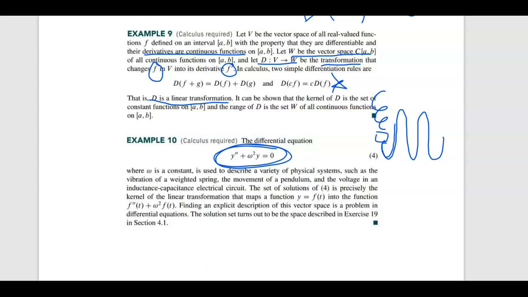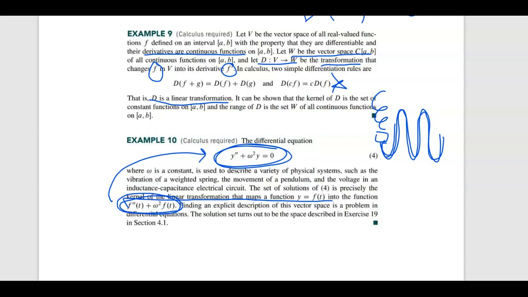So the set of solutions is the kernel of the linear transformation that maps f into this space. If we need that to equal 0, then our kernel in this case is the sine and cosine combination that gives you that motion, because when you apply the second derivative and plug in, you get 0.